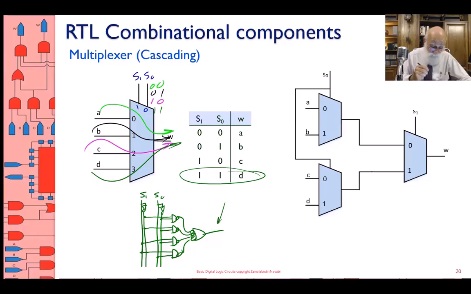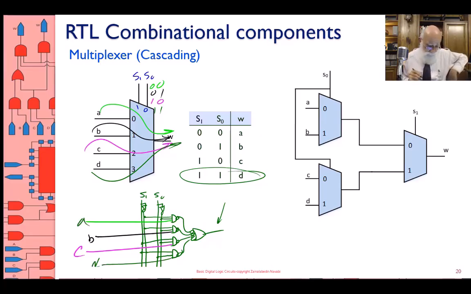This is still active high, and I am putting in either A or B or C, or I'm putting D, and the output. Okay, this is a 4 to 1 multiplexer.